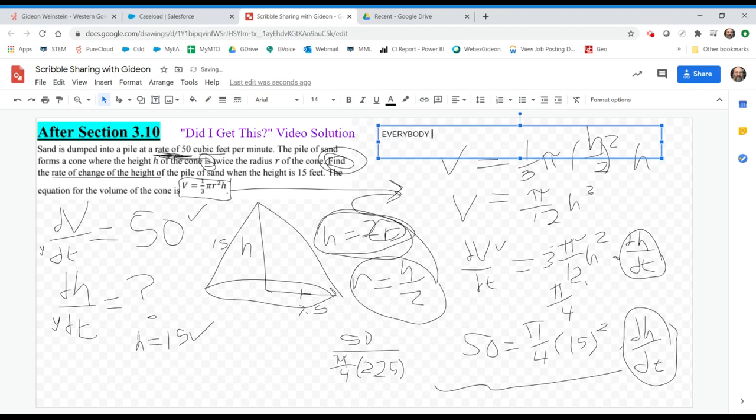Everybody gets the chain rule. And that's how you get the related rates. If you forget that everybody gets the chain rule, you're not going to have any related rates to solve. So make sure you remember that key trick to getting these done.